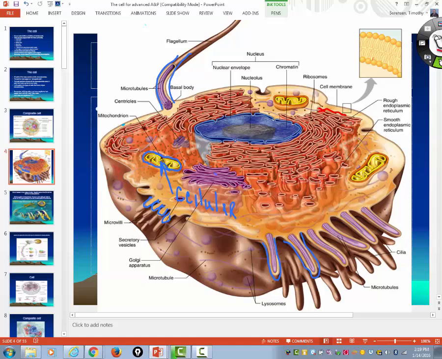And that's where you make ATP aerobically. Now, the unique thing about mitochondria is they have their own DNA. So that means this individual cell, if it was required to make more ATP aerobically, these mitochondria have the ability to divide and make more mitochondria.